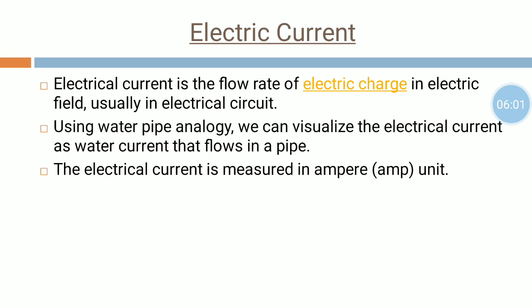Now we are going to discuss electrical current. Electric current is the flow rate of electric charge in an electric field, usually in an electrical circuit.